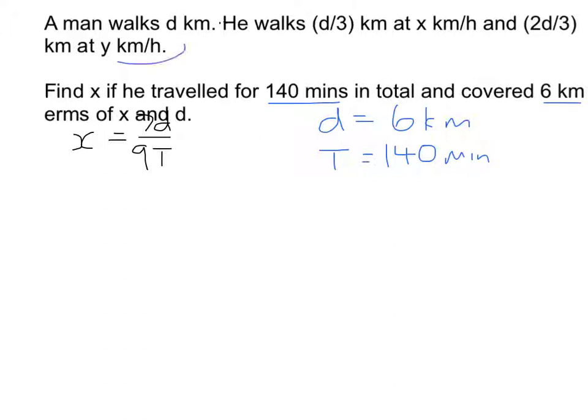Because we're working in kilometres an hour, we have to convert the time to hours. So this will be equal to 140 over 60 hours. Okay, which is going to equal, so the zeros will cancel down, and 2 will go into 14 and 6 to give us a fraction of 7 over 3 hours.